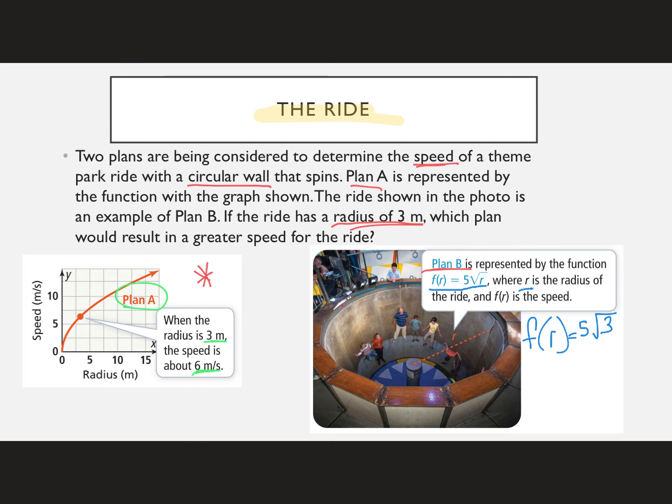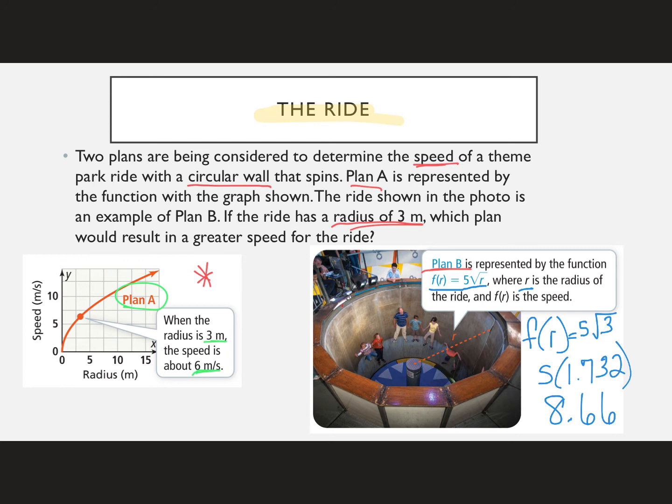Rounding to about 3 decimal places, I have 5 times 1.732, which gives me 8.66 when I round it.